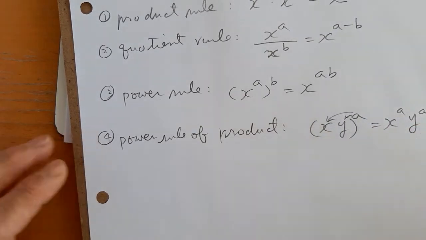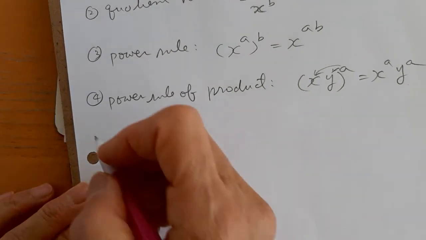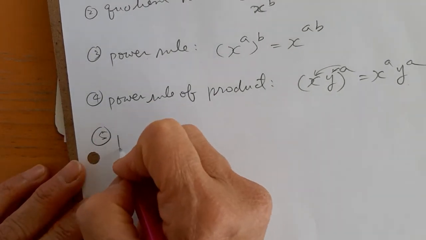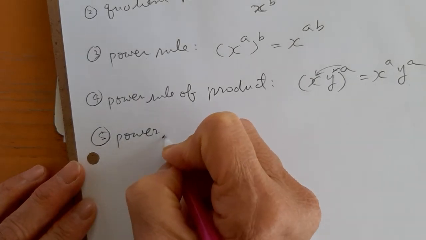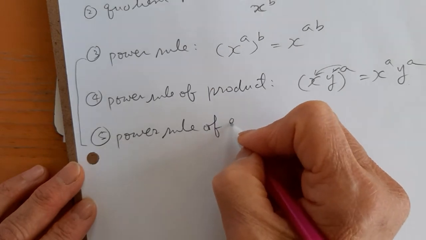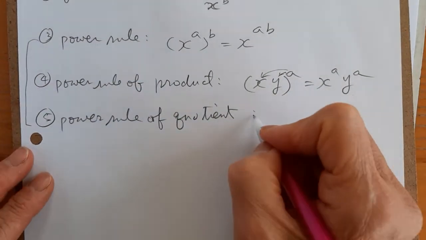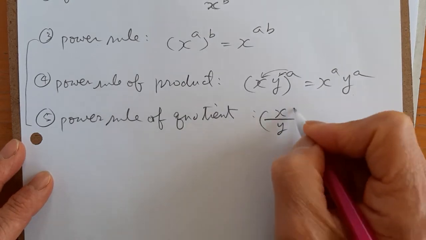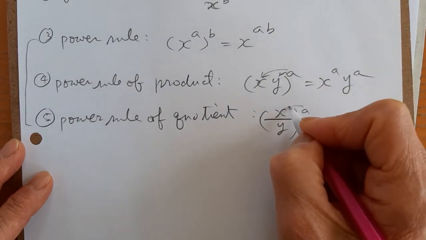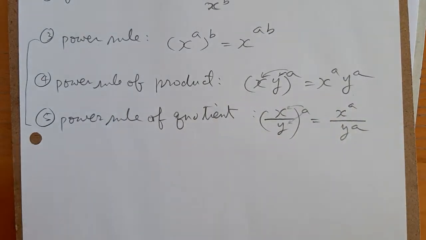The exponent goes into each. The next one is the power rule of a quotient, x over y to the power a, then the exponent goes to x to the power a, y to the power a.